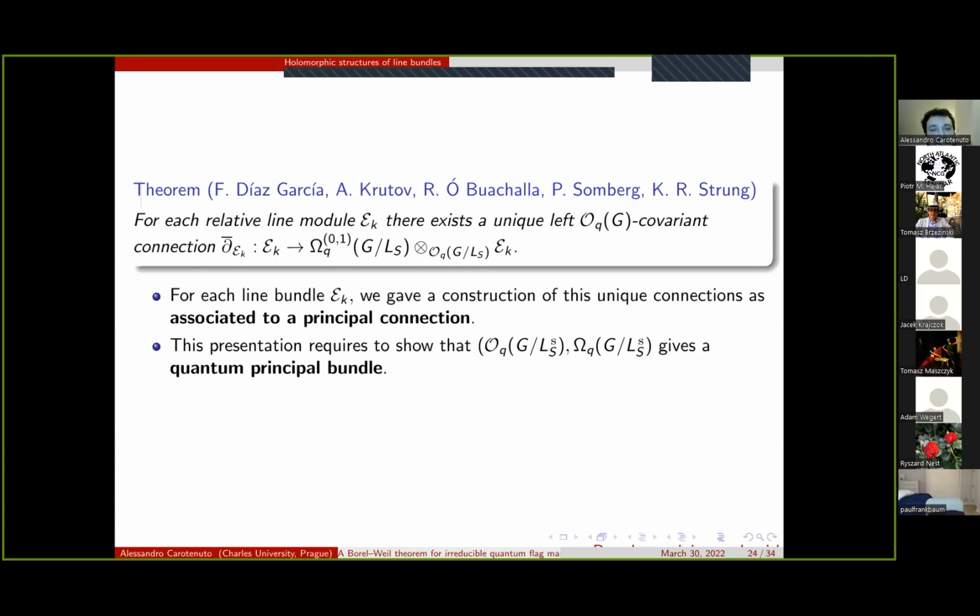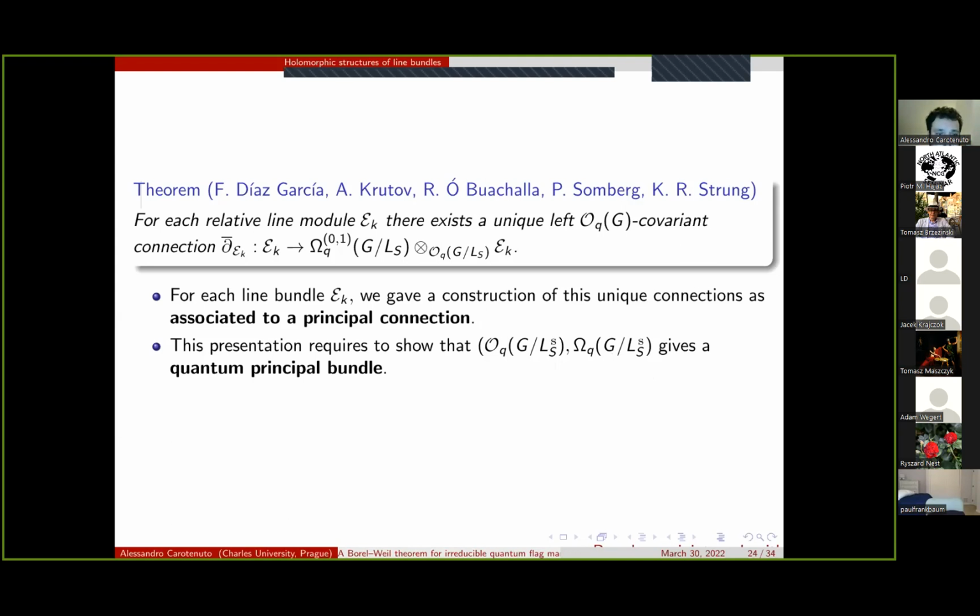This presentation will require showing that the pair given by the homogeneous Poisson space and the differential calculus over the homogeneous Poisson space, I didn't review this, but basically you have an extension of the Heckenberger-Kolb calculus over the flag to a calculus over the homogeneous Poisson space.